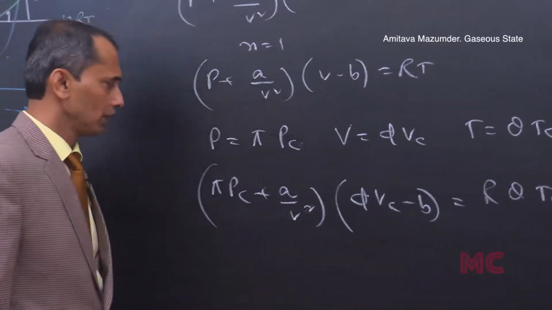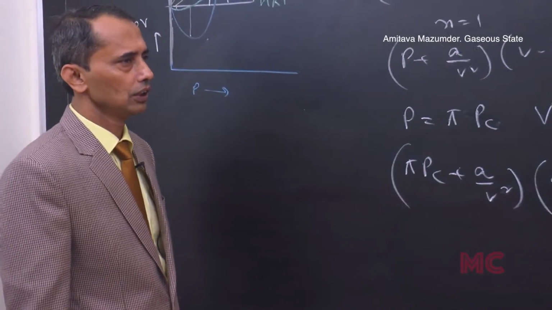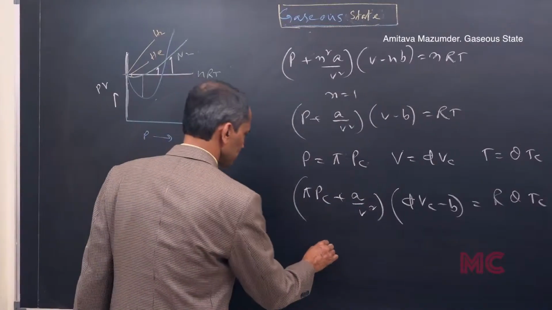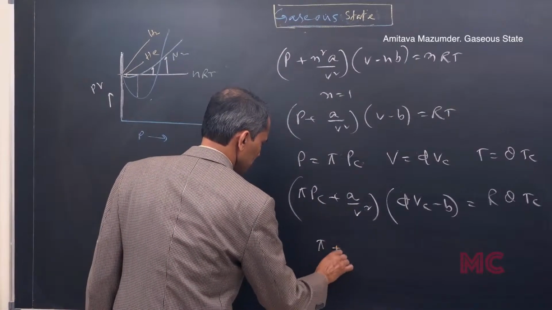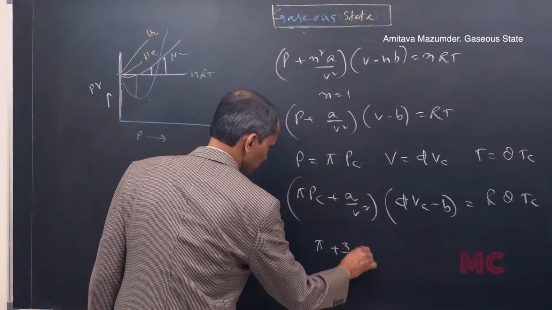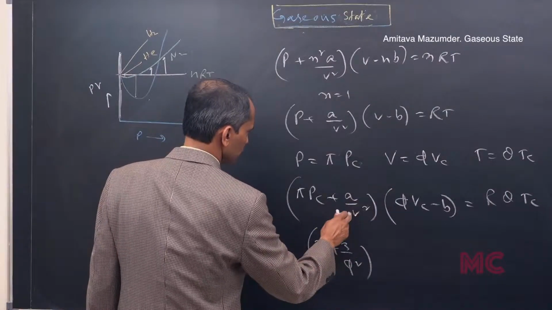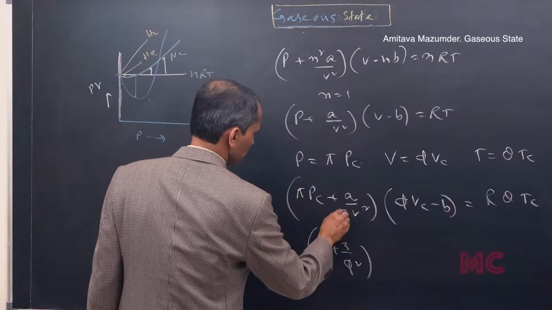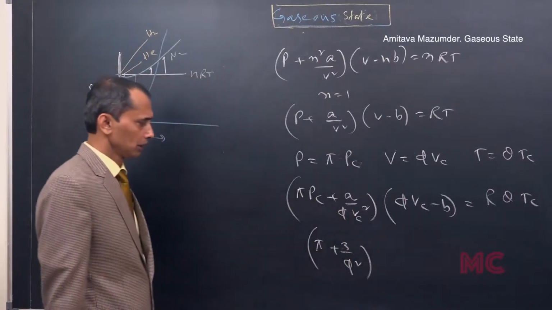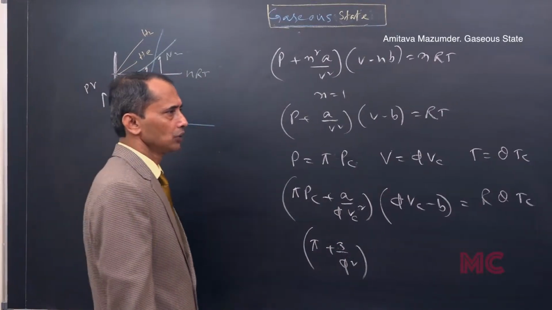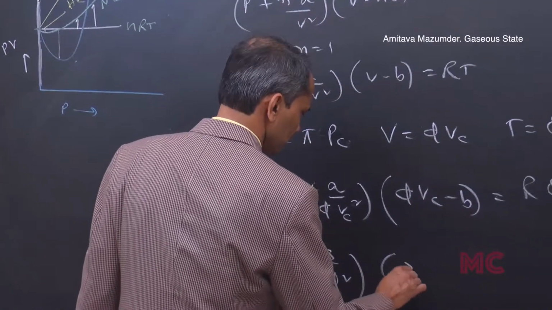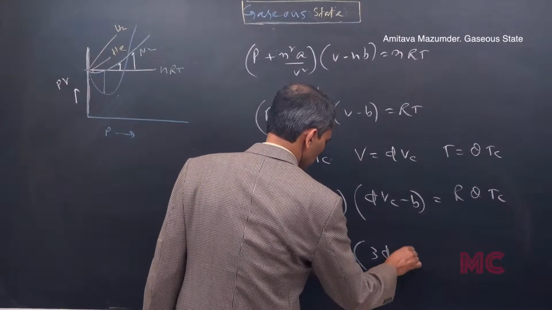If you put all the values like Pc, Vc and Tc, we get basically (π + 3/φ²)(3φ − 1) = 8θ.